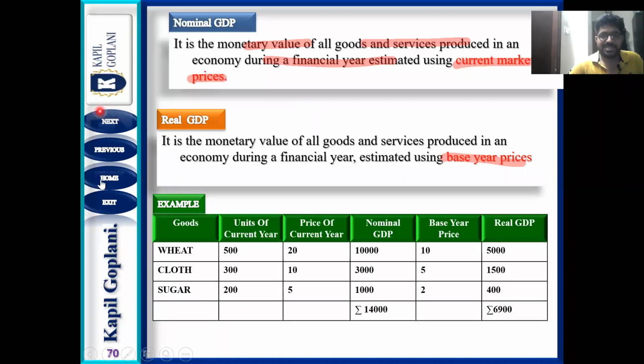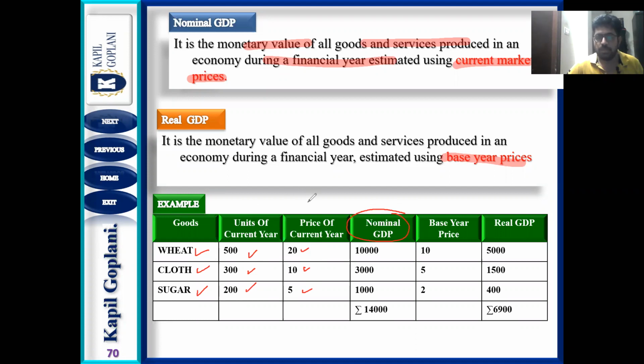Now, see this table in front of you. Here you can see there is wheat, cloth, and sugar. The units produced, that is the quantity, are 500, 300, and then 200. Then there is the price of the current year, the price right now, suppose 20 rupees per unit, then 10, and then 5. Now to calculate nominal GDP, I will multiply the units with the current year price.